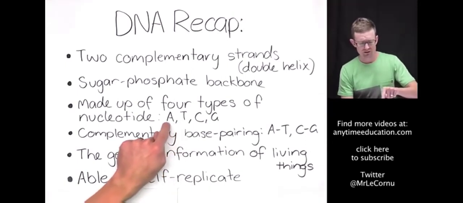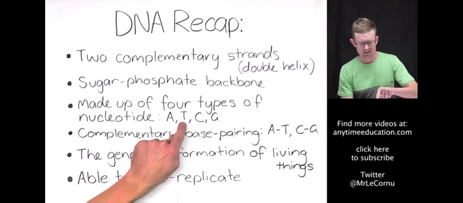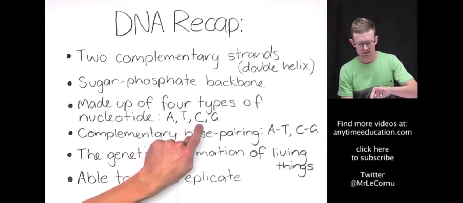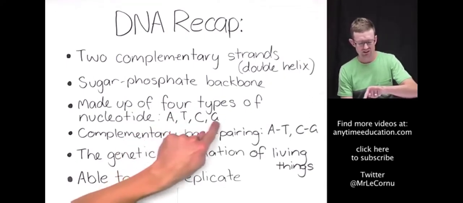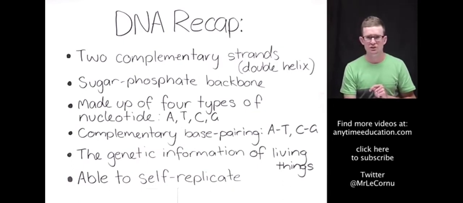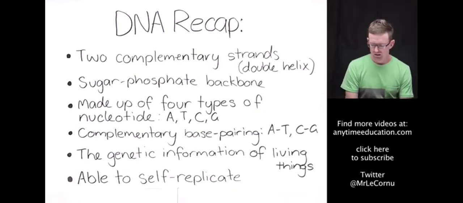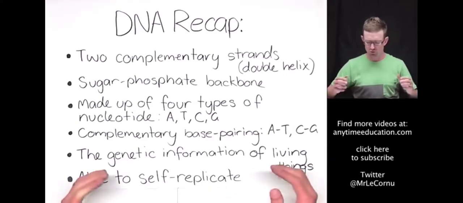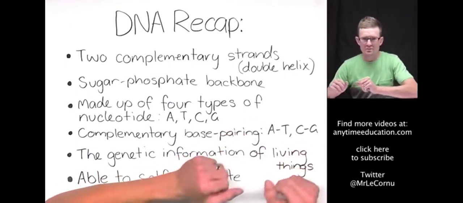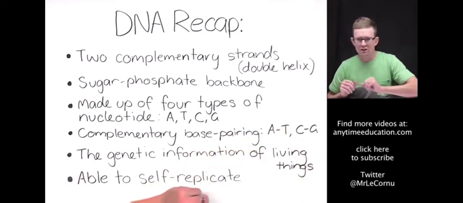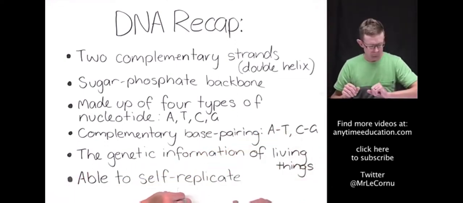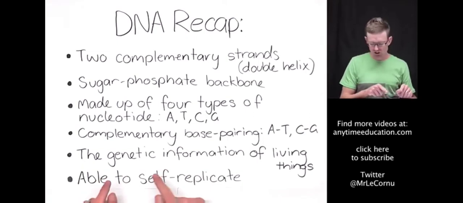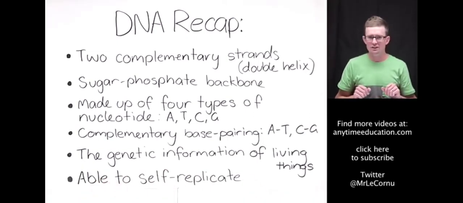A is the base on one nucleotide, T is the base on another, C and G. So there are 4 bases on those nucleotides. We have complementary base pairing in DNA. It's a rule where A always pairs with T and C always pairs with G. DNA is the genetic information of living things, and DNA is able to self-replicate.